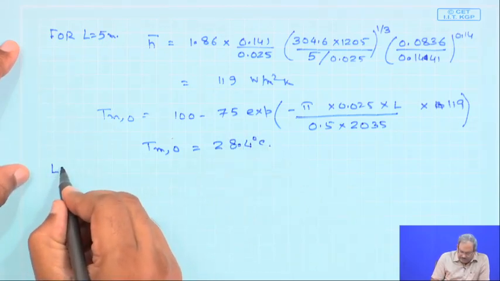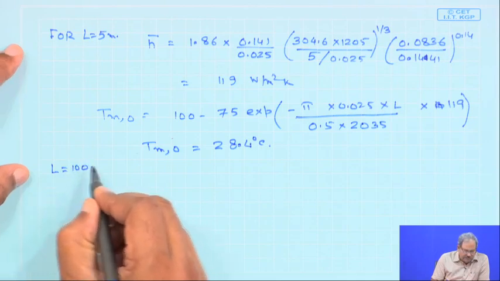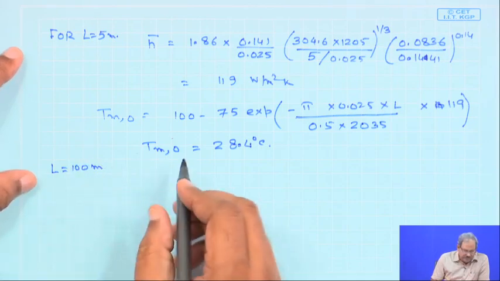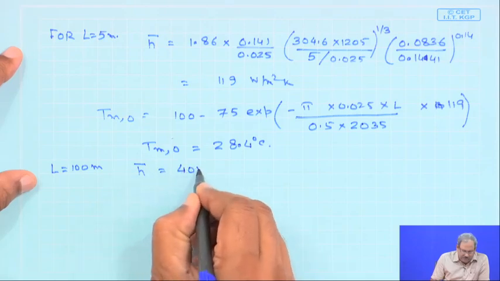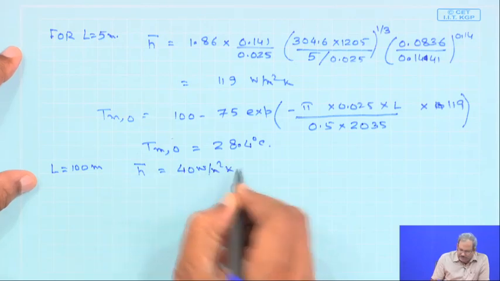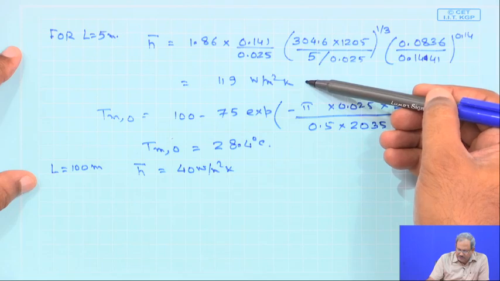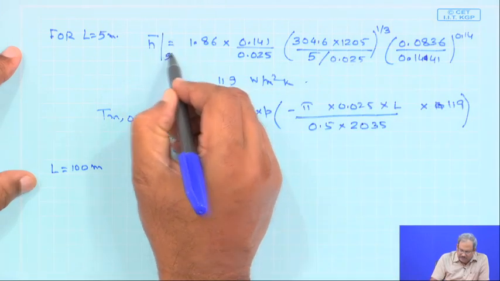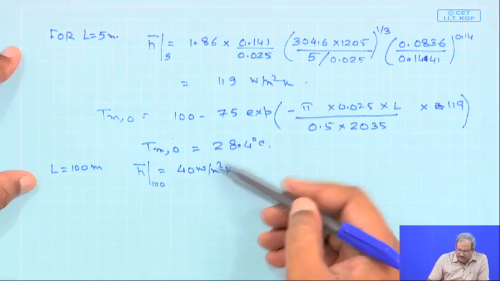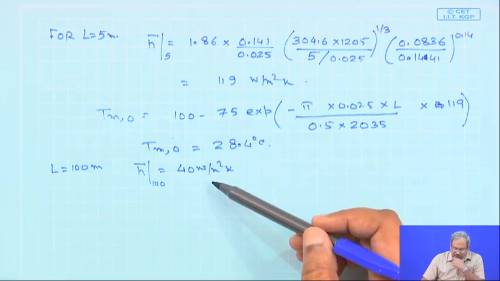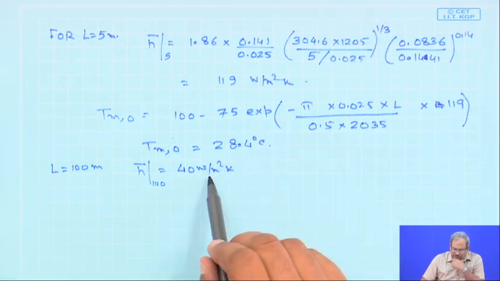In a similar fashion, I am not doing this again. The L equals 100 meters, the H bar that you are going to calculate is 40 watt per meter square Kelvin. So, compared to the value of H bar at 5 and this is H bar at 100, you see the difference, you see how the average value reduces as the length is increased.